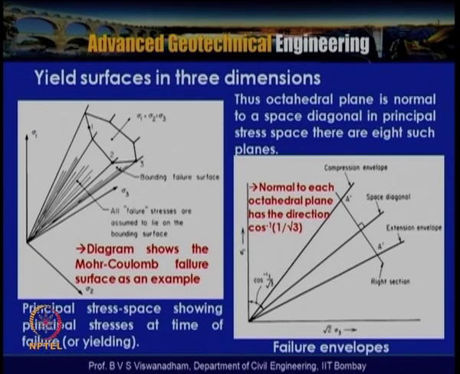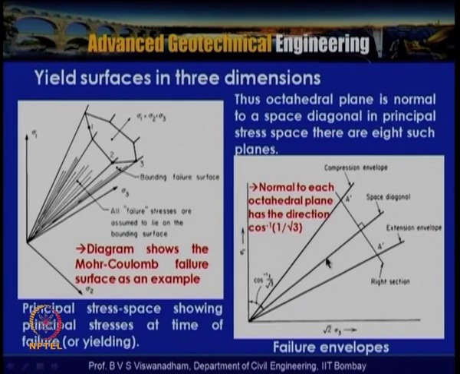The octahedral plane is normal to a space diagonal in principal stress space, and there are 8 such planes. You can see sigma 1 versus root 2 sigma 3, which is deduced from the Rendulic plots. This is the failure envelope in compression, and this is the failure envelope in extension.